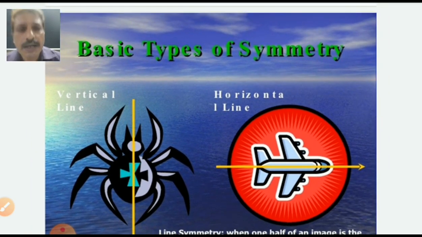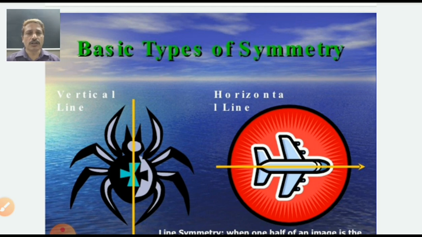Here you can find 2 nice pictures: a cockroach, or you can say a plane, and a spider. So one is a living being and one is a non-living being. This is, we can say, a vertical straight line, and one is a horizontal line.